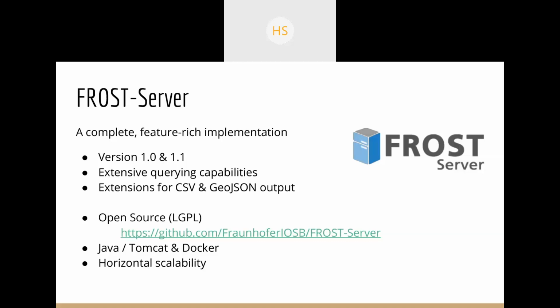It's implemented in Java using Tomcat, but there are also Docker images available. And FROST server has horizontal scalability. So if one service is not enough for your load, you can add more than one FROST server next to each other on the same data backend.